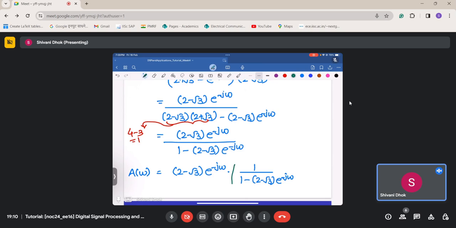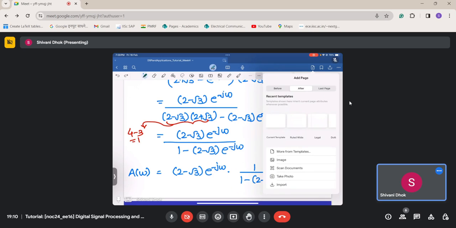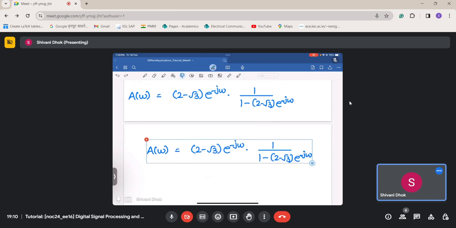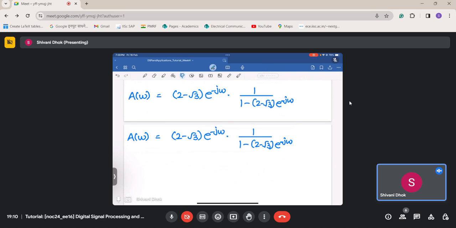Now this thing here is of the form 1 upon 1 minus a into e power minus j omega, and here a is 2 minus root 3.